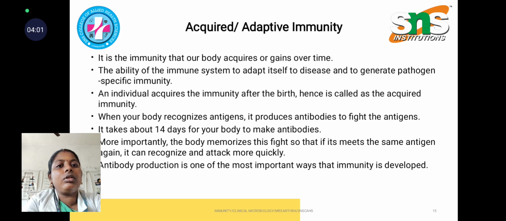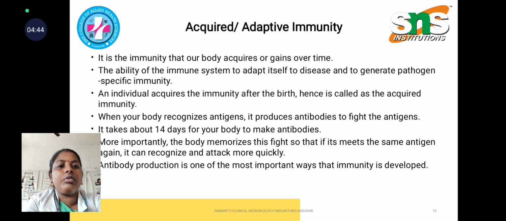It takes about 14 days for our body to make antibodies, and moreover the body memorizes this fight, so that if the same antigen meets our body a second time, it can recognize and attack more quickly, because the body has already recognized the antigen that previously attacked it. So when that antigen enters our body for the second time, our body recognizes and attacks more quickly than natural immunity. Antibody protection is one of the most important ways that immunity is developed.